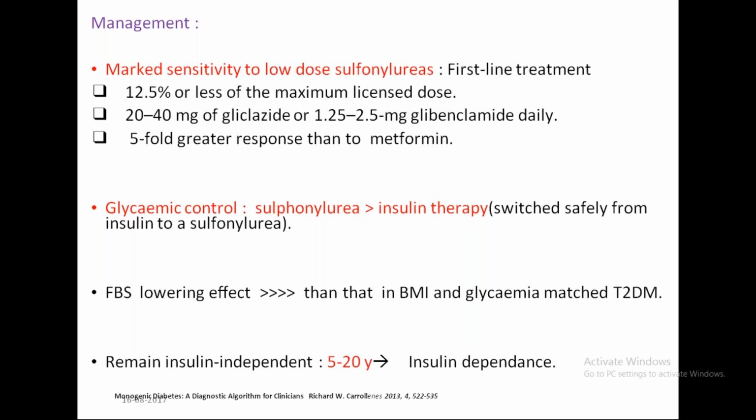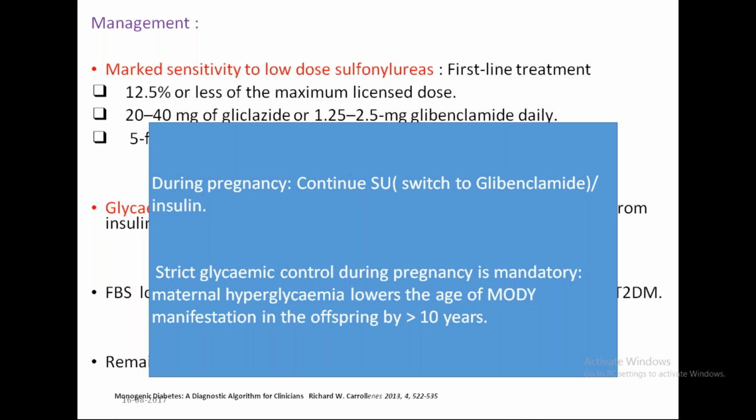And the FPG lowering effect is greater than that in BMI and glycemic index matched type 2 diabetes mellitus patients. They remain insulin dependent for 5 to 20 years, further after the initial step when the sulfonylureas are not taken.